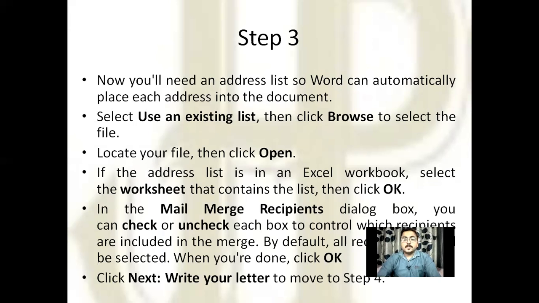If the address list is an Excel workbook, select the worksheet that contains the list, then click OK. In the Mail Merge Recipients dialog box, you can check or uncheck each box to control which recipients are included in the merge.